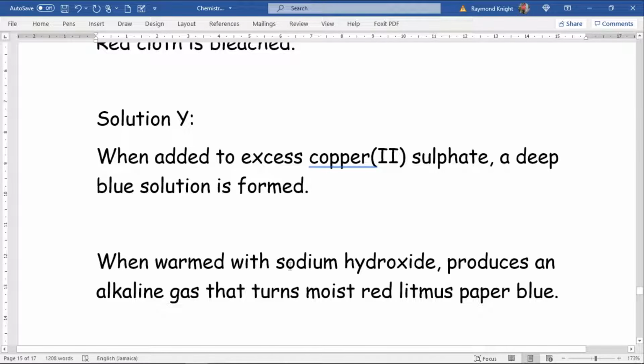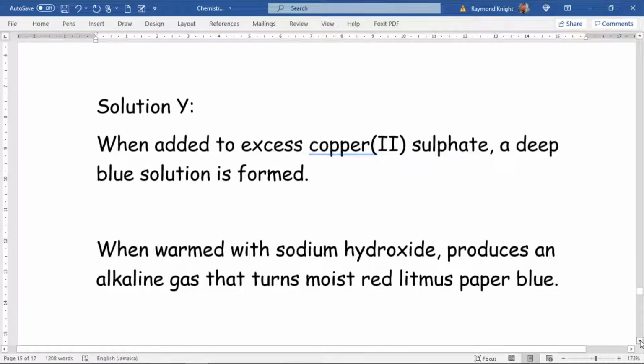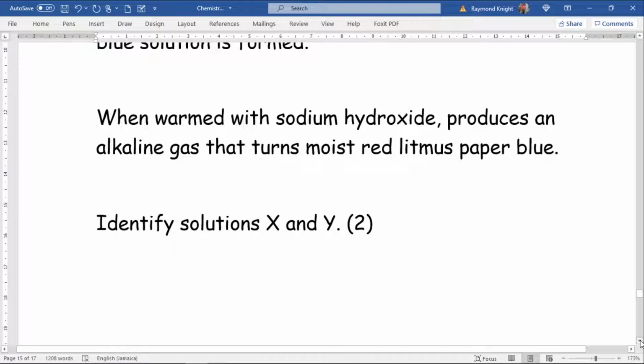It said when warmed with sodium hydroxide, it produces an alkaline gas that turns moist litmus paper blue. And so the alkaline gas that is formed right here must be ammonia. So here we can state that X is the chlorine, our solution of chlorine.